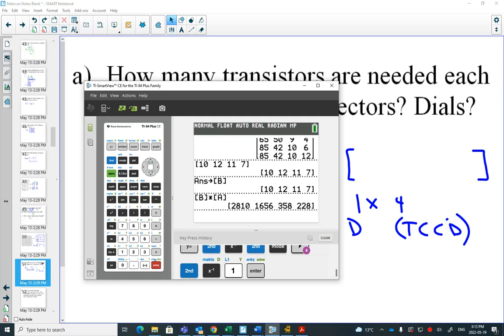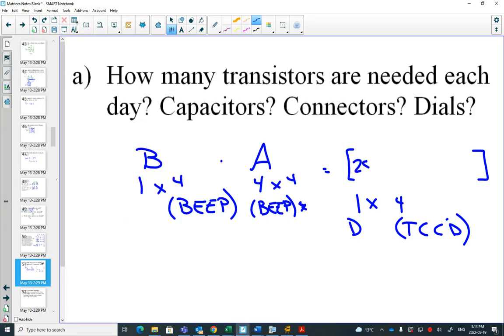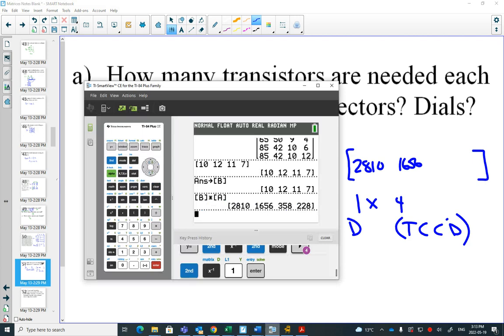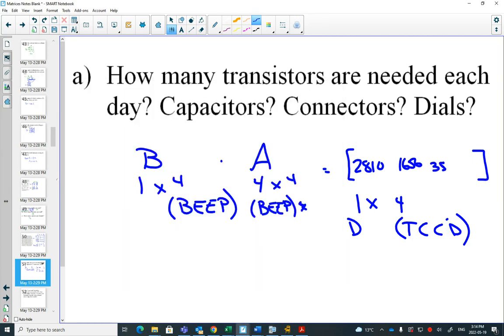Yes. And we got our answers: 2810, 1656, 2810, 1656, 358, and 228.